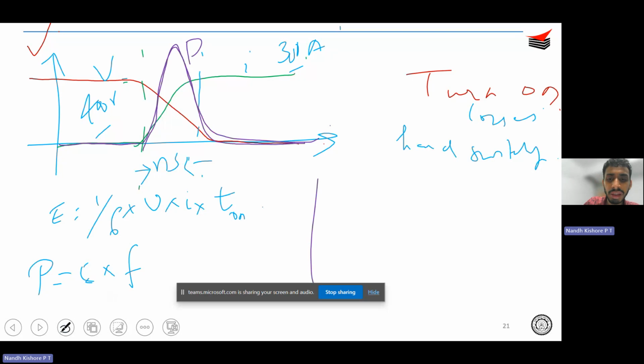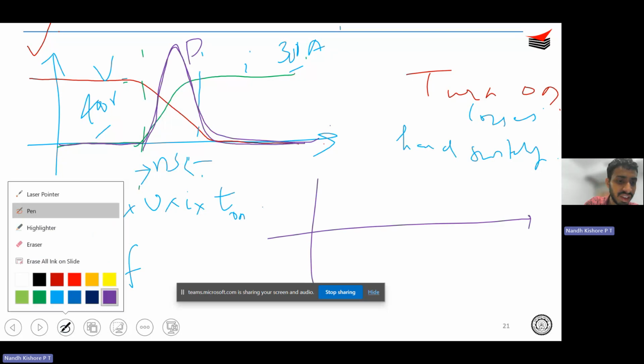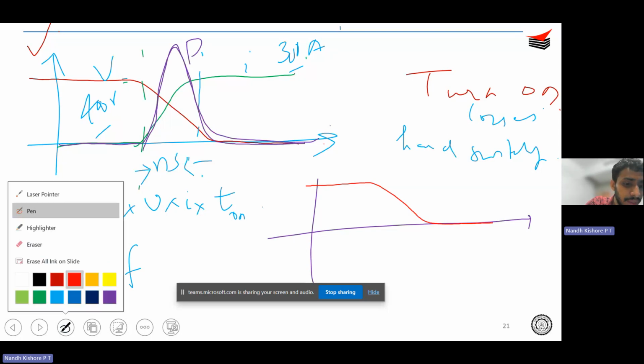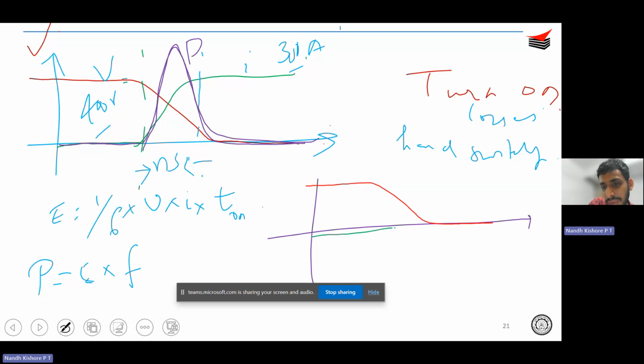Consider the case where your voltage falls to zero, and my current starts rising from this point after my voltage has fallen to zero. Then there is no overlap between V and I, right?